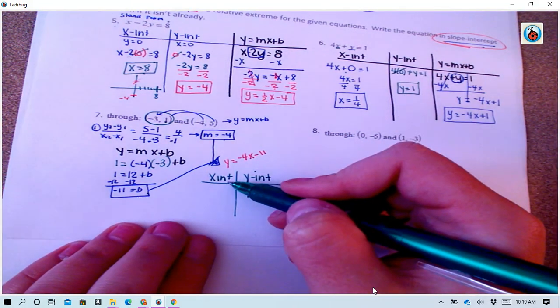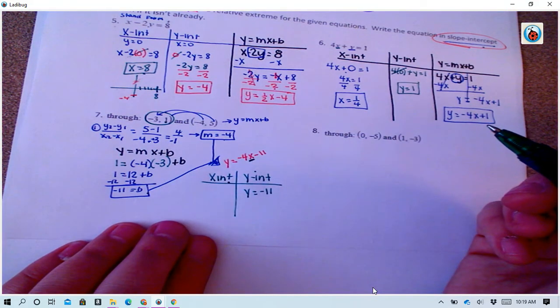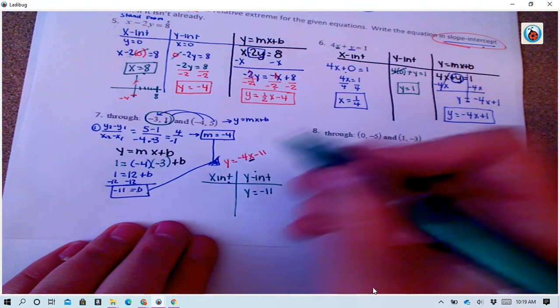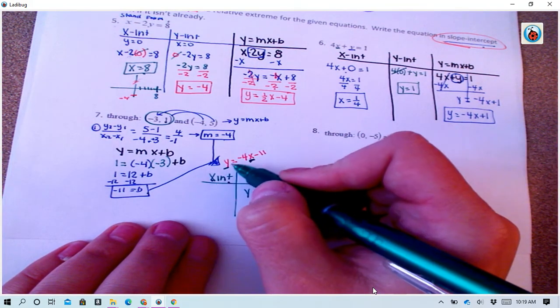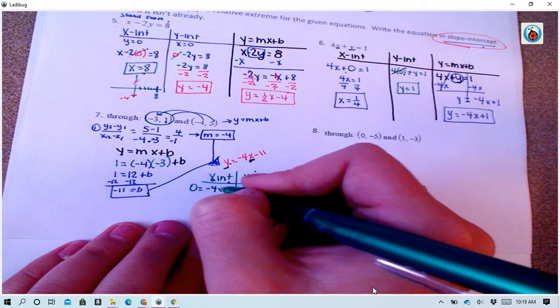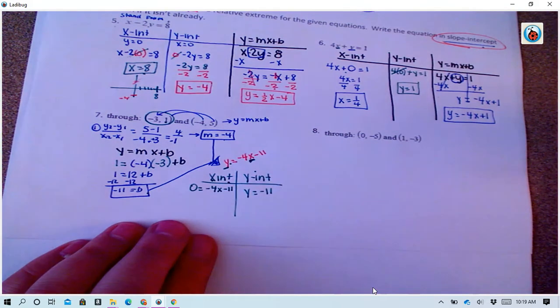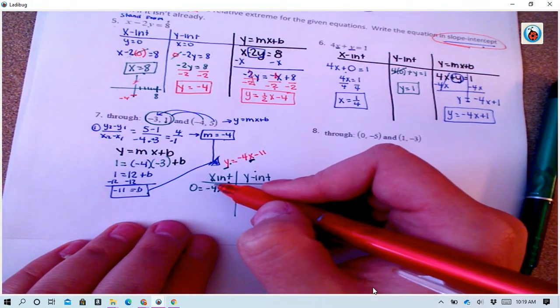Your x-intercept, into this equation you just found, you're going to plug 0 in for y, not x. So x-intercept, you plug 0 in for y. So 0 equals negative 4x minus 11. And now you have to solve for x. So x is glued to this negative 4.